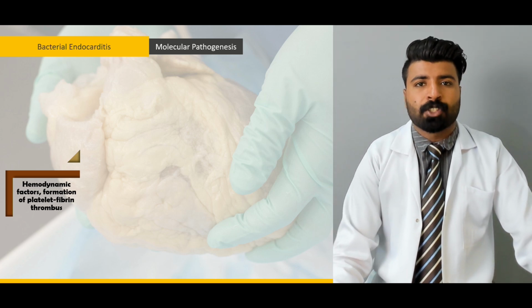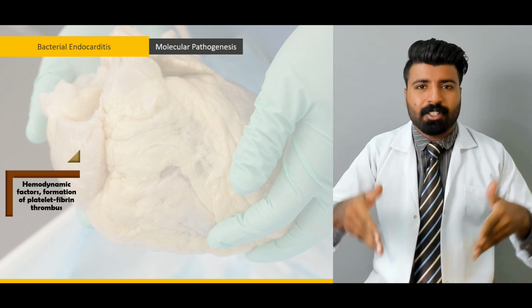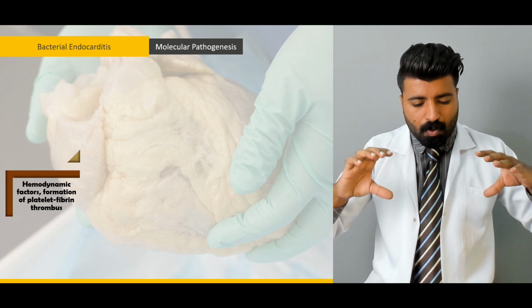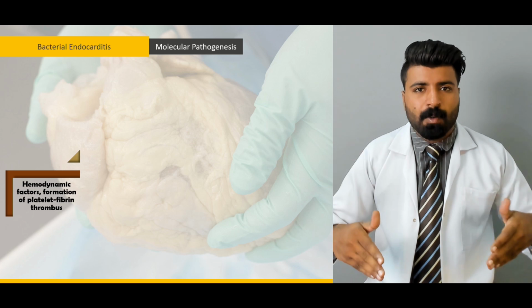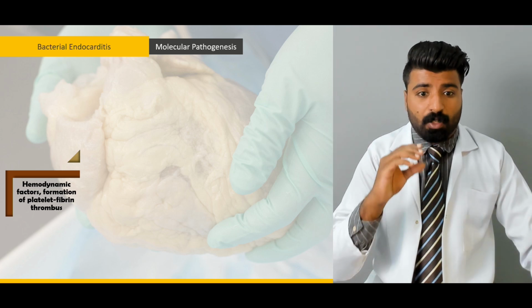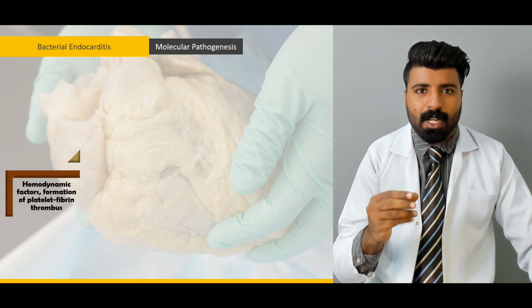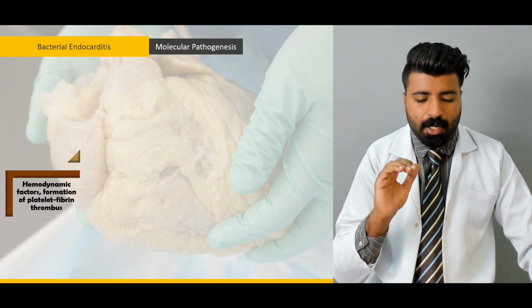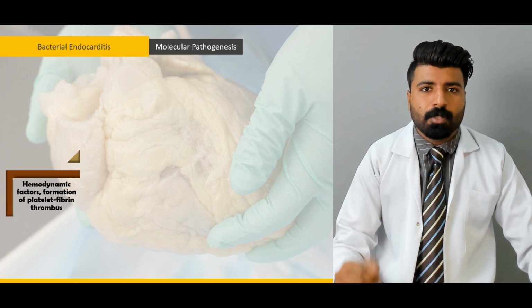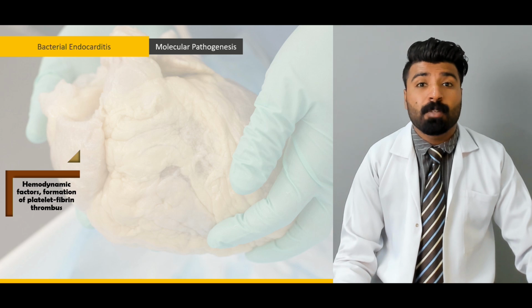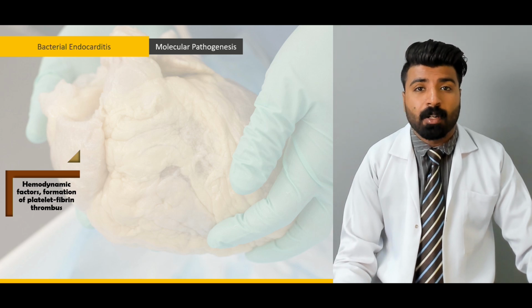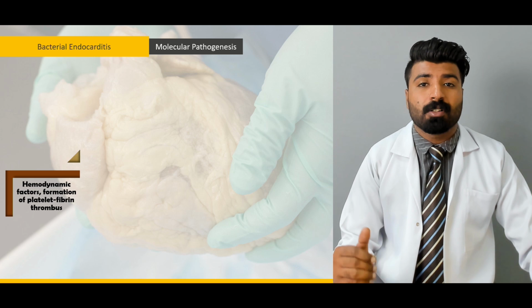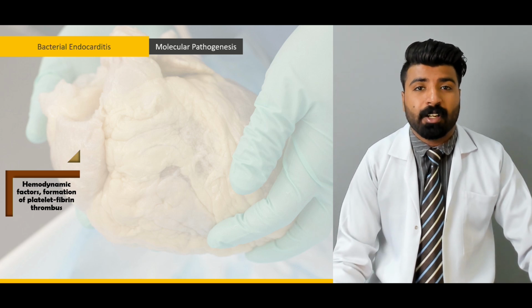Turbulent. It's going to be more on the lateral sides, more on the edges, more on the surface or the place where the pathology lies. When the flow is more turbulent, what's going to happen? There will be more shear and more wear and tear.